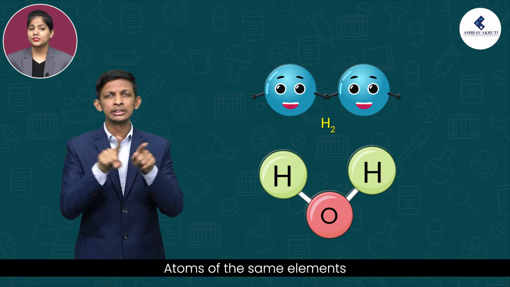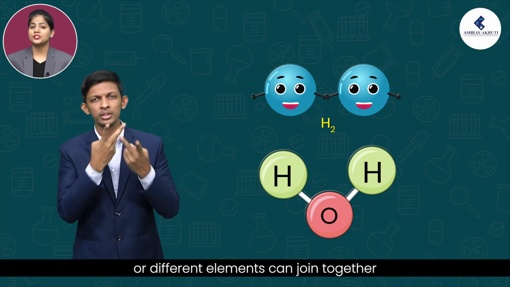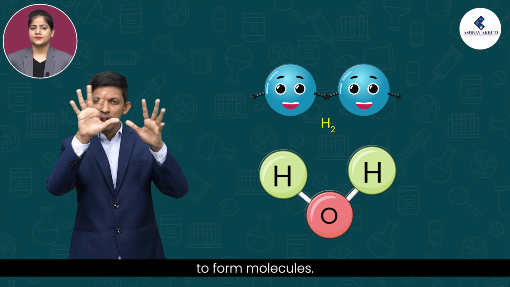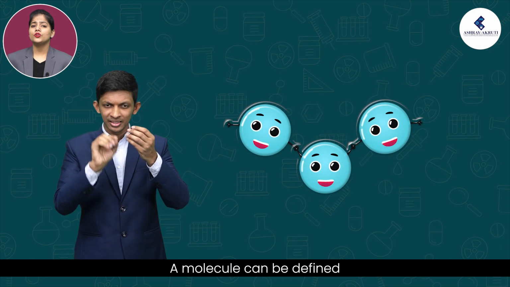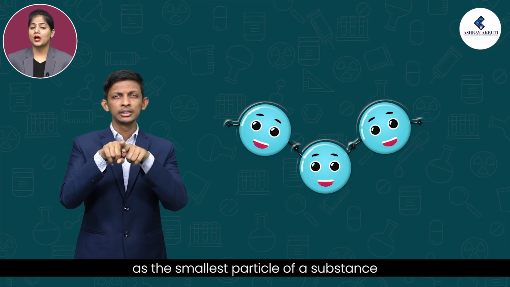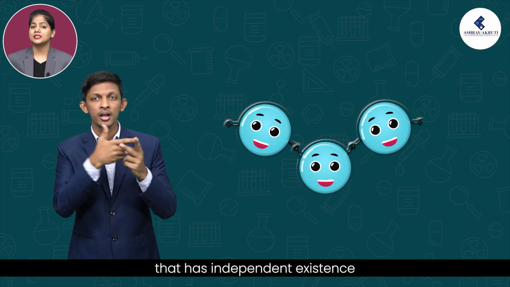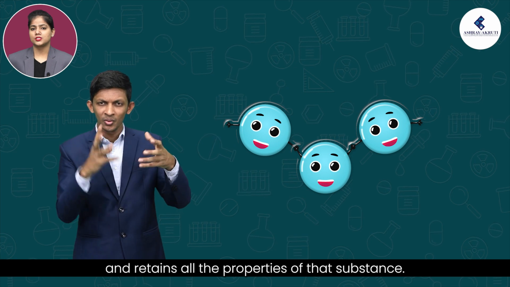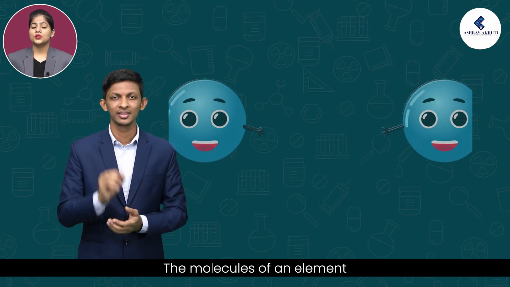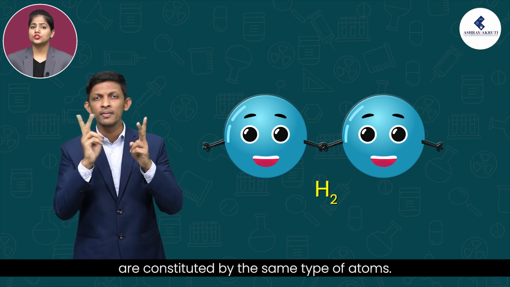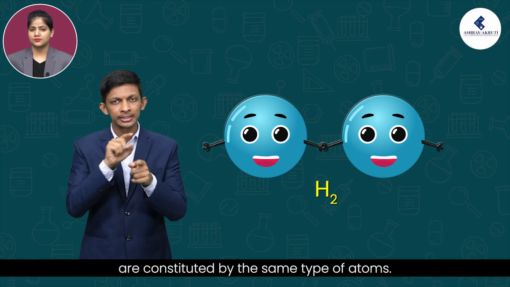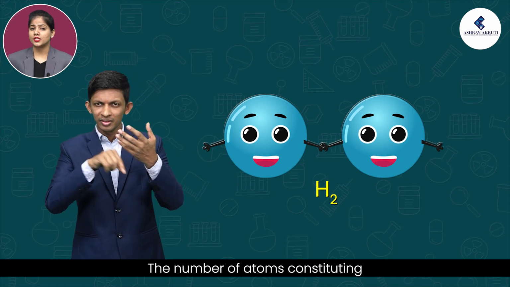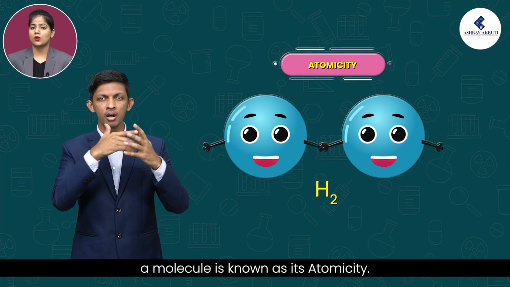Atoms of the same elements or different elements can join together to form molecules. A molecule can be defined as the smallest particle of a substance that has independent existence and retains all the properties of that substance. The molecules of an element are constituted by the same type of atoms. The number of atoms constituting a molecule is known as its atomicity.